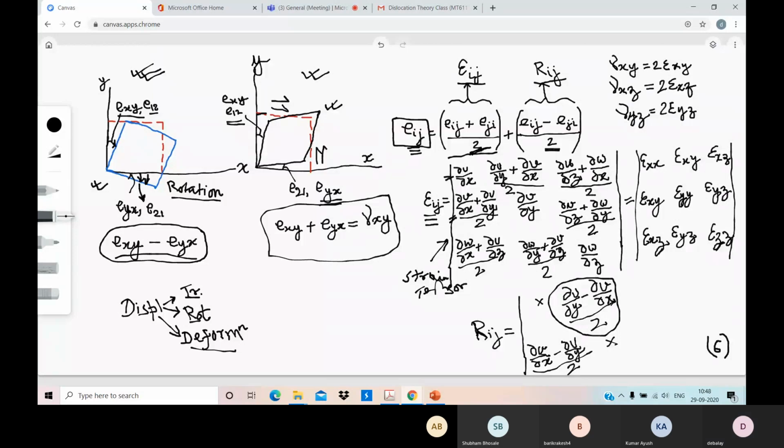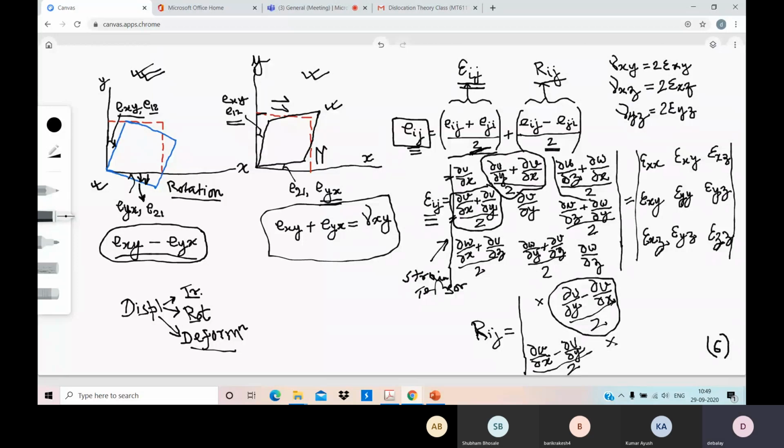So now in terms of the strain tensor epsilon ij, this term becomes del v by del x plus del u by del y, divided by 2. That means this particular term and the second term of the first row are basically the same.